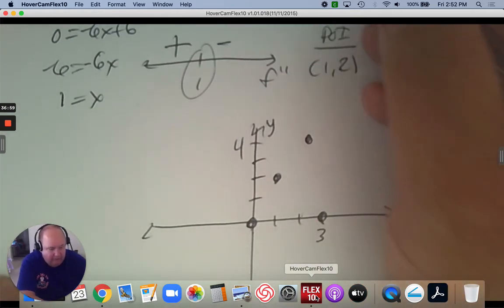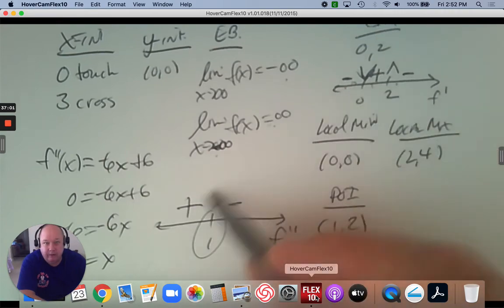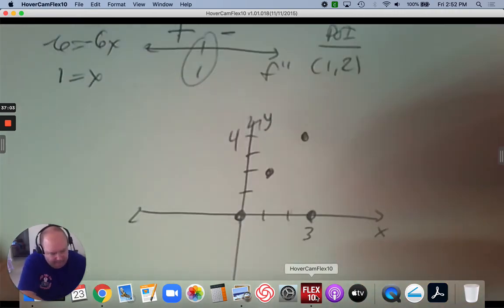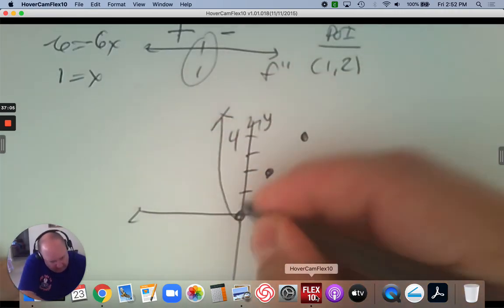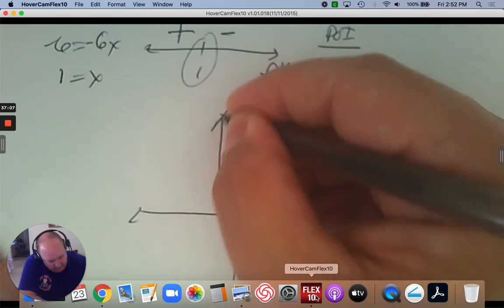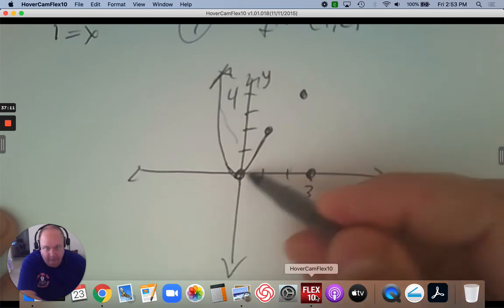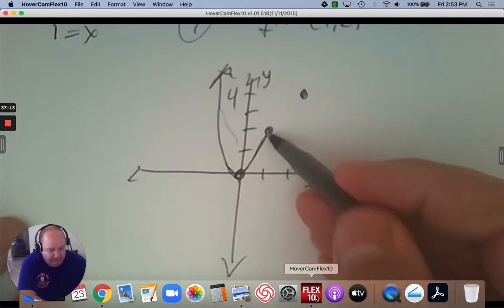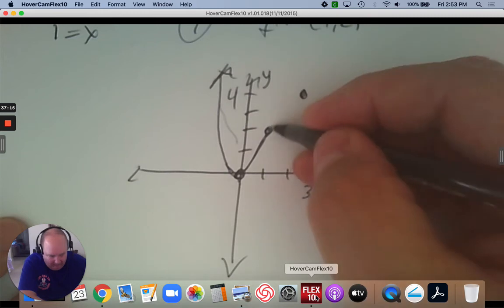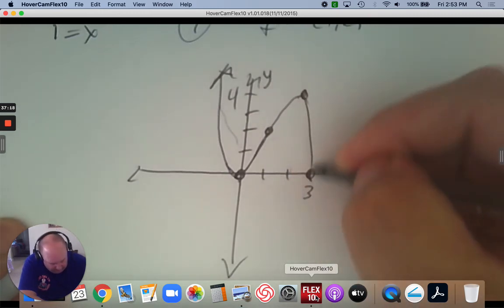So now it's decreasing with a smile. So concave up with a minimum at 0, 0. Here it's going to change to concave down, and it's over.